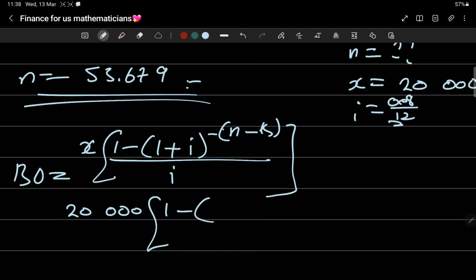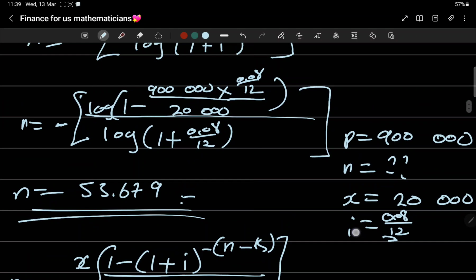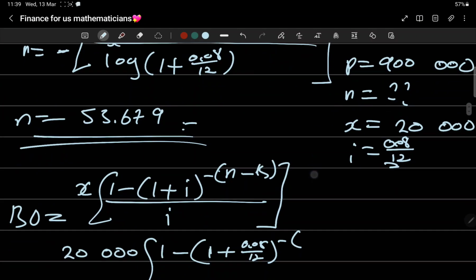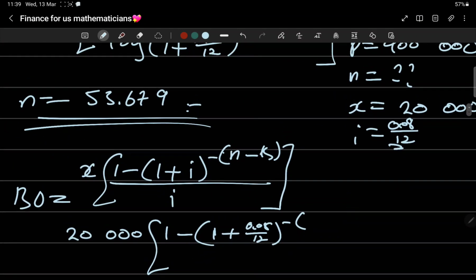So let's check after the 30th payment how much is owed: 1 plus 0.08 over 12, and n is what we just calculated.